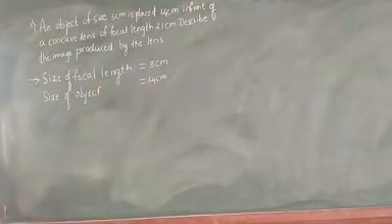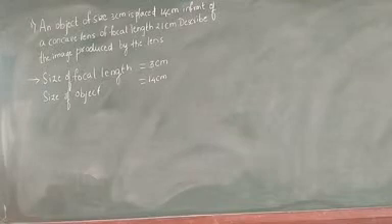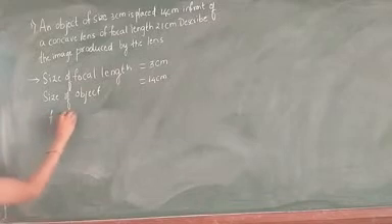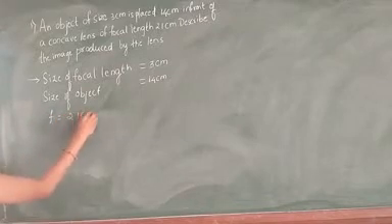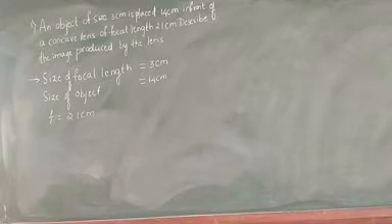And in the question, they have kept it in front of a concave lens of focal length 21 centimeter. They have mentioned the focal length, that is F. F is equal to 21 centimeter.